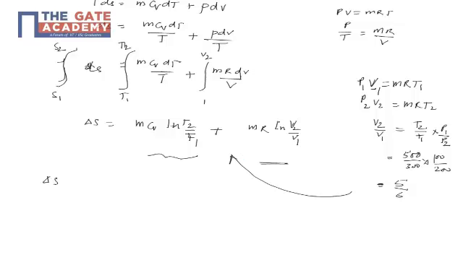So the change in entropy is, mass is already given, Cp is 5R by 2, so let's substitute that. m times 5 R by 2 ln T2 by T1, so ln 500 by 300 Kelvin, plus mR ln V2 by V1, which is 5 by 6.